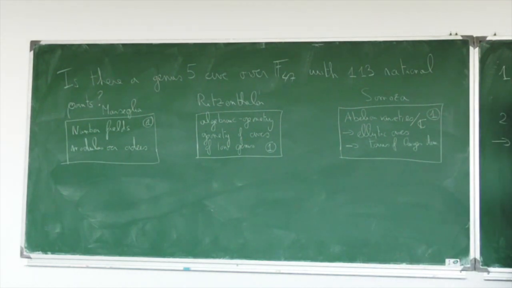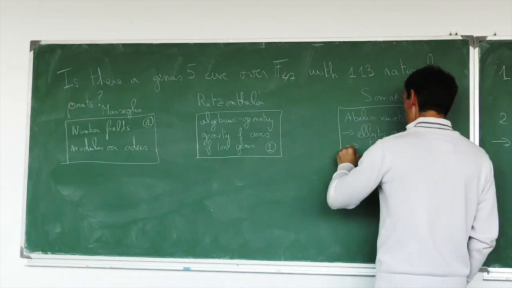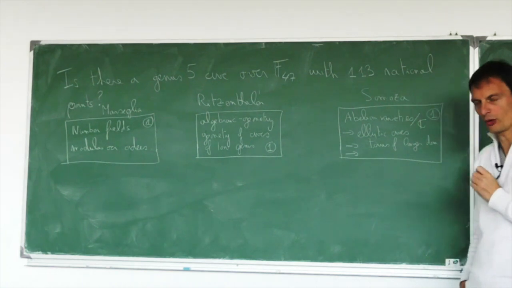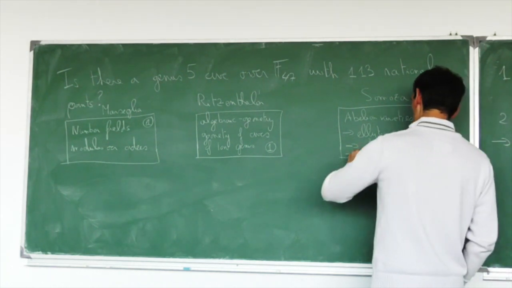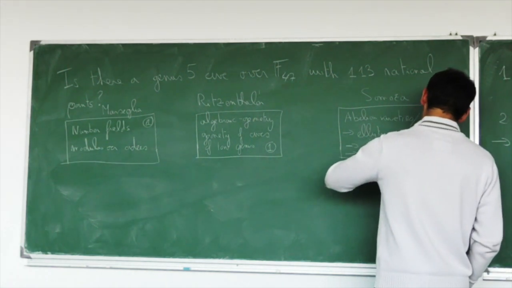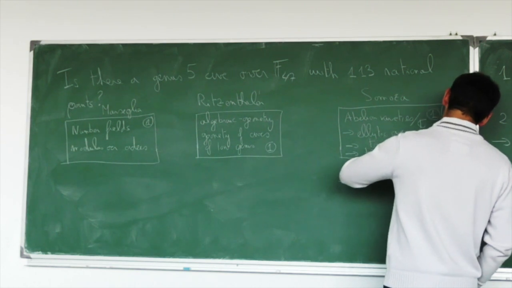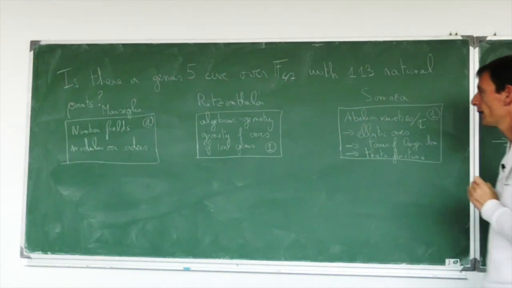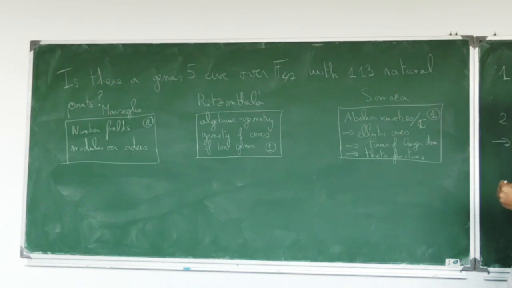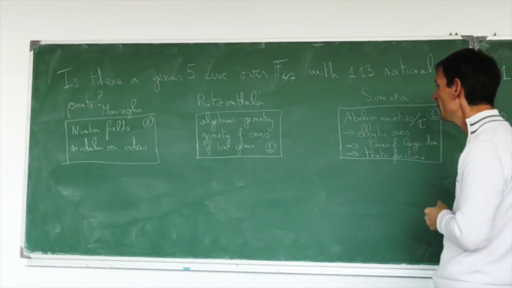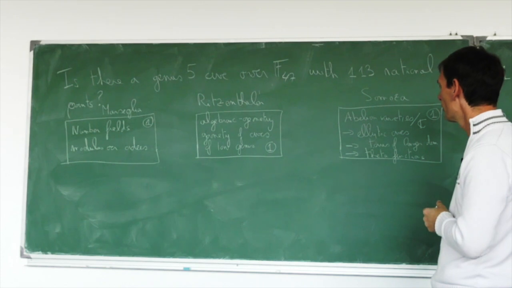And one nice tool to understand all these objects is going to be some analytic functions, which are called theta functions. All right, so classical arithmetic of a number field, algebraic geometry, and analytic geometry. So already here you have a broad topic.